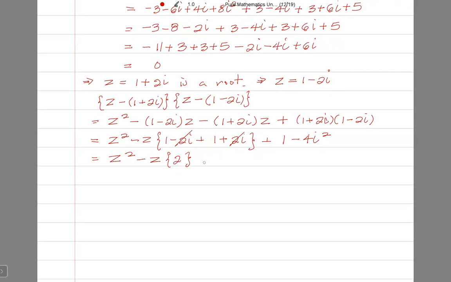Over here I have plus 1 minus 4i squared, which is plus 1 plus 4. So what I would end up with is z squared minus 2z plus 5. That would be my quadratic factor.